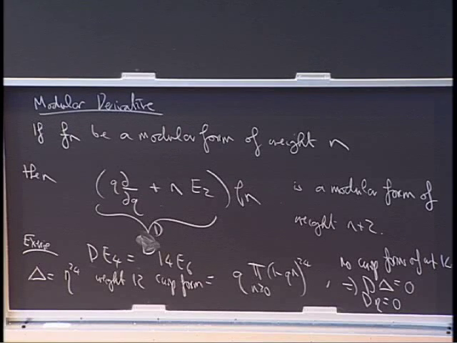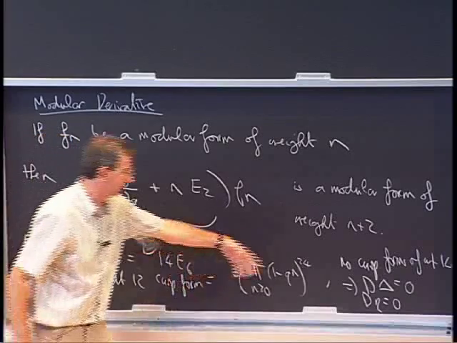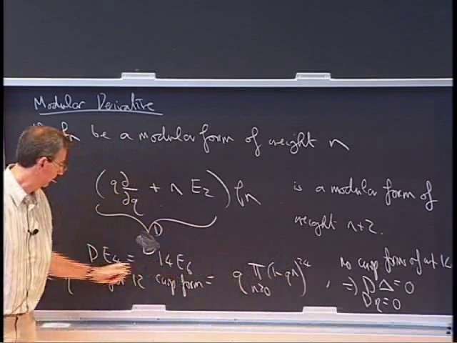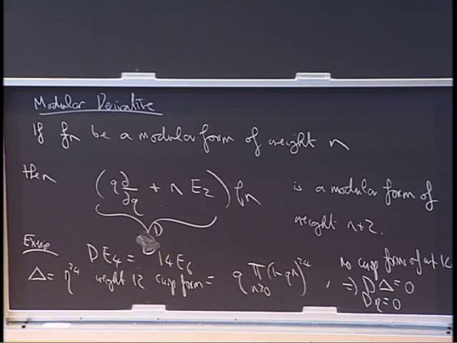In some senses that's maybe a definition of what eta is, or delta. Again, that's an exercise that appears in the notes. You can work this out by looking at what d of E4 and d of E6 are, or you can invoke the more sophisticated theory of what the ring of modular forms is and how it's generated. Actually, that's all I need in terms of the theory of elliptic functions.